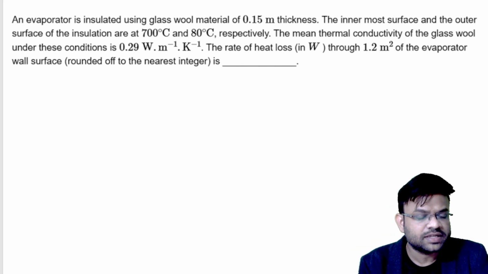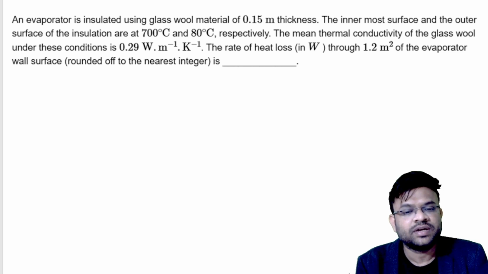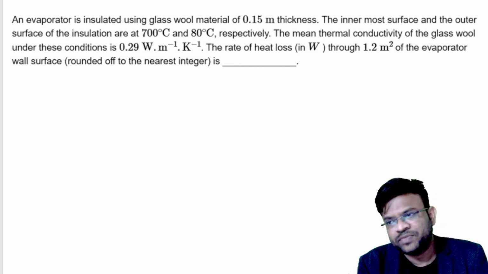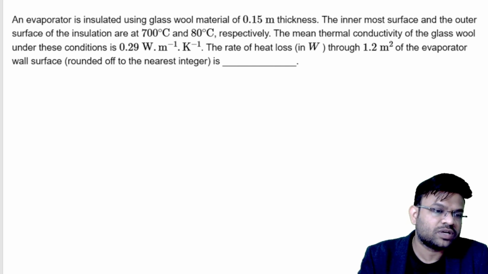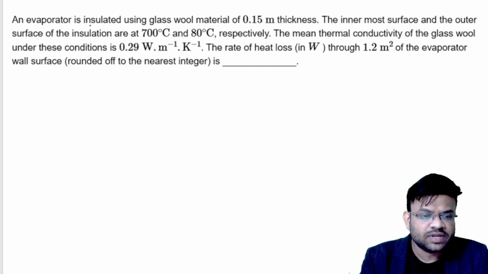So an evaporator is insulated using glass wool material of 0.15 meter thickness. Now this is an interesting question, and let me first of all go through the question, and then I'll be marking important aspects, and then I'll be telling you how this can be done. An evaporator is insulated using glass wool material.